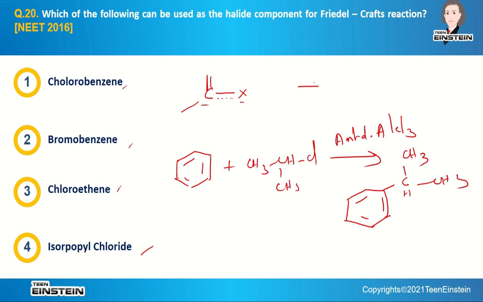So only isopropyl chloride is used as a halide component for Friedel-Crafts reaction. So the correct answer is isopropyl chloride. Thank you.